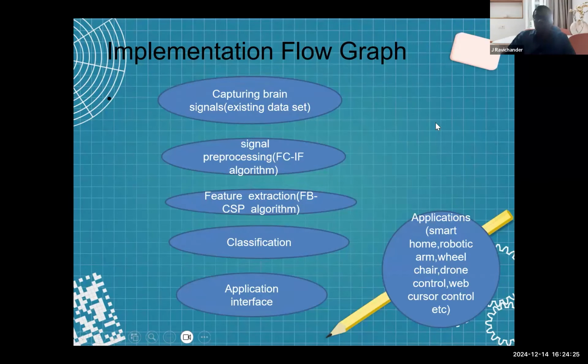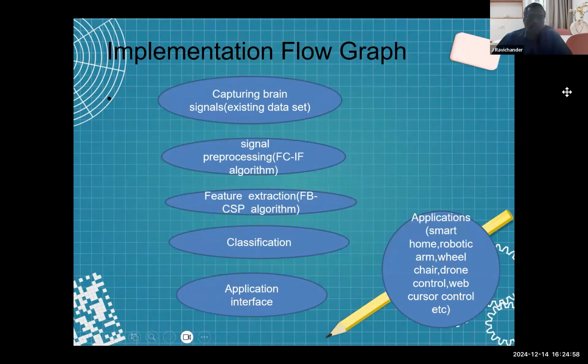Signal processing means artifact removal techniques. Then feature extraction, then classification. Then the application interface, which can be given to some devices. This is called the implementation.